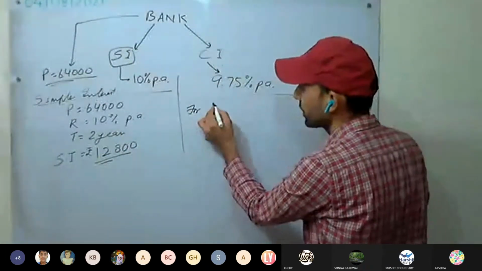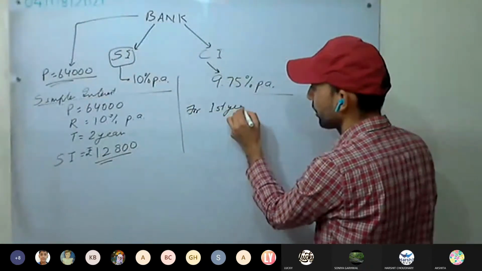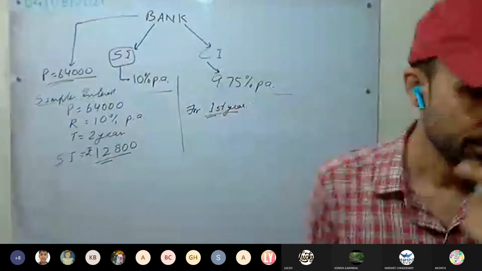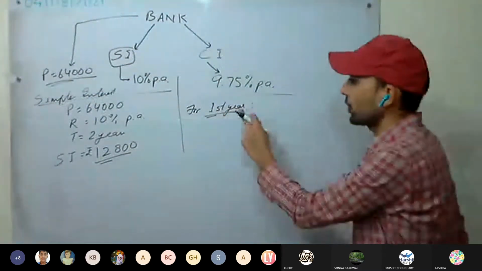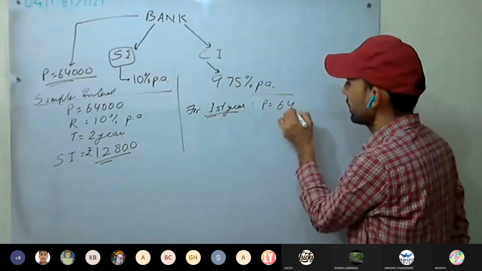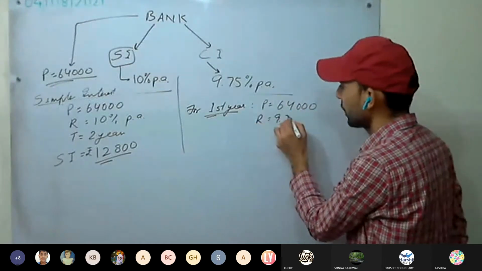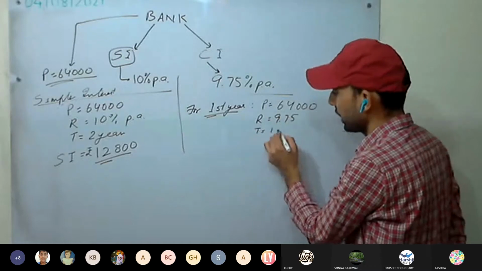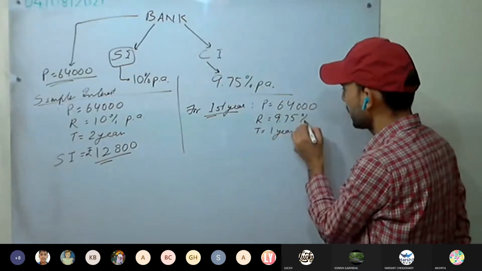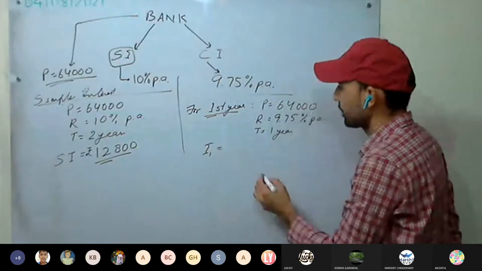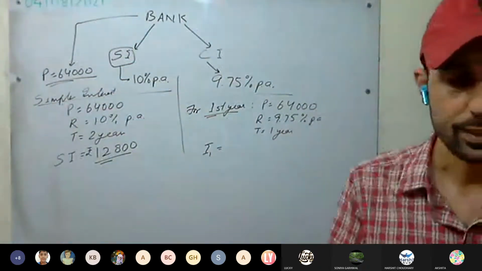This is compound interest. So for the first year, the rate is 9.75 only. For the first year, principal equal to 64,000. Rate equal to 9.75 percent per annum. Time equal to 1 year. Calculate the interest and tell me as well.